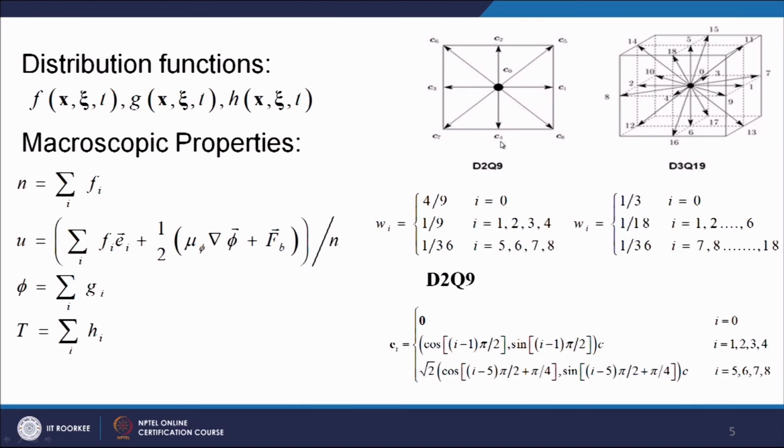Similarly, for the corners it is plus 1 plus 1, then minus 1 plus 1. Similarly, you can find the corresponding E's for the C7 and C8 directions.